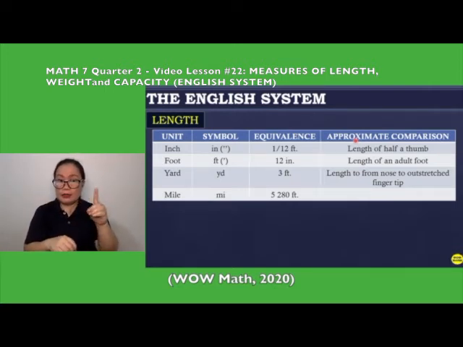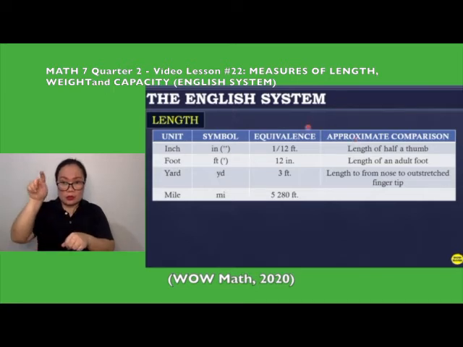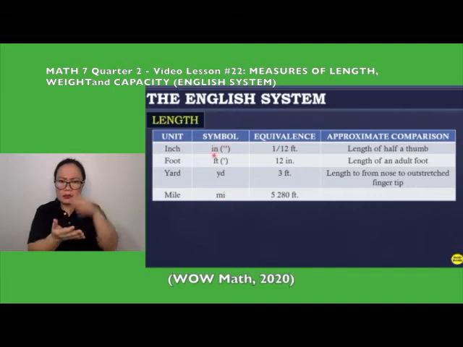Okay? And then, sometimes, for inches, we are using yung parang apostrophe. Okay? So, yan po yung apostrophe. Dapat familiar din po tayo sa mga symbols na ginagamit. Kasi minsan, ito po ang given. Okay? And then, of course, you also have to know the equivalence.